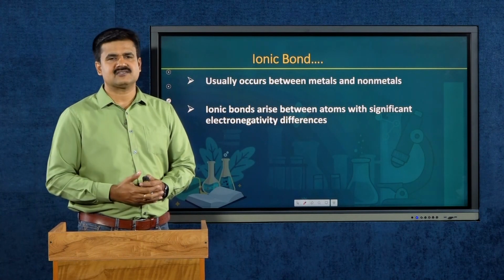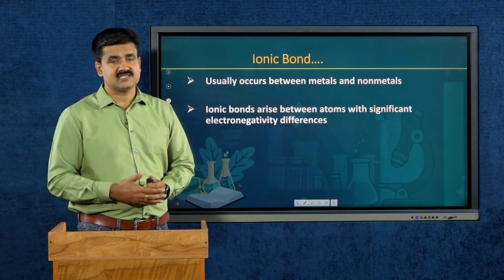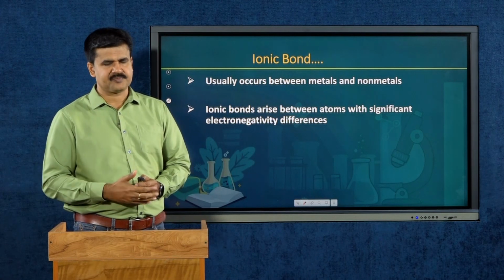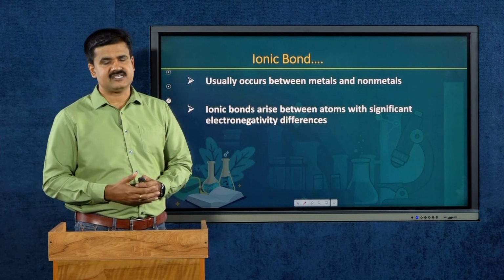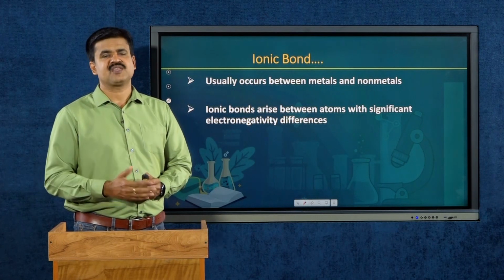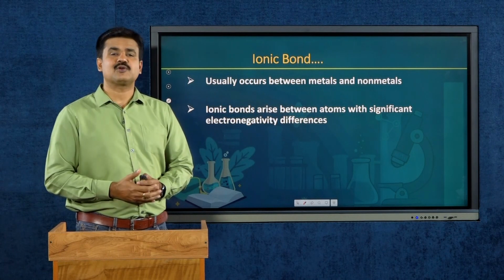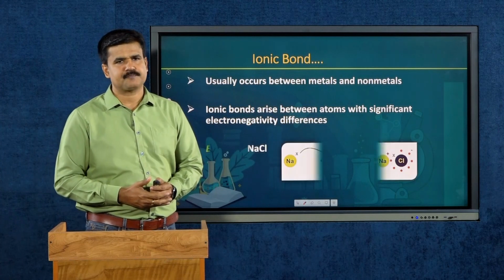Consider the case of sodium chloride. Sodium metal is electropositive, so it has a very low value of electronegativity. Chlorine is a non-metal which has high electronegativity. So, in sum, in NaCl there is considerable electronegativity difference between the participating atoms.